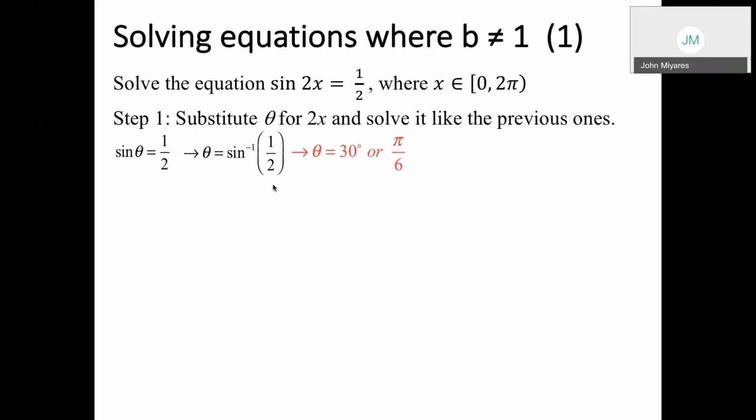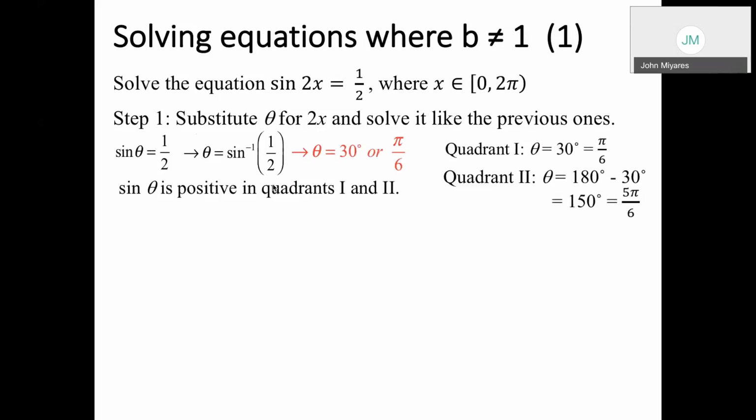As for the quadrants, the sine of theta is positive in quadrants 1 and 2. So if I were looking for the reference angle solutions for theta, we'd have 30 degrees or pi over 6 radians in quadrant 1. Or we would have 150 degrees or 5 pi over 6 radians in quadrant 2.